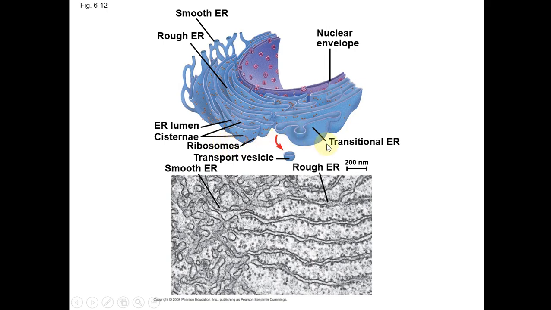Okay, so we have also another name for a transitional ER. Transitional ER, it's the transition. It's the part of the ER where it's gonna transmit another molecule or protein to another organelle.